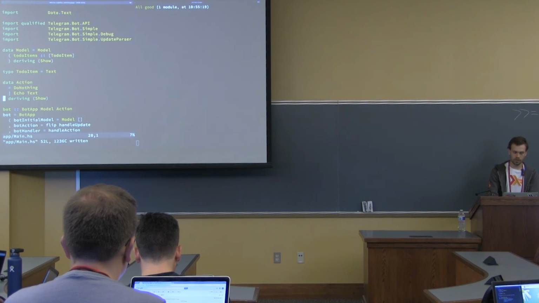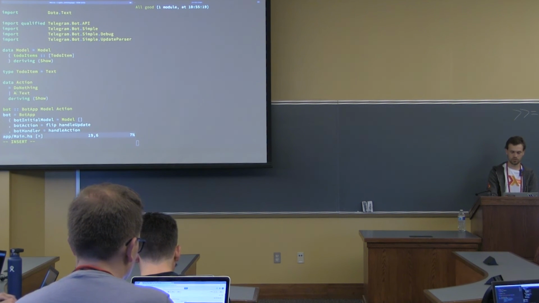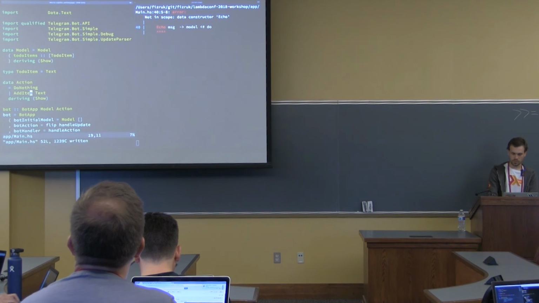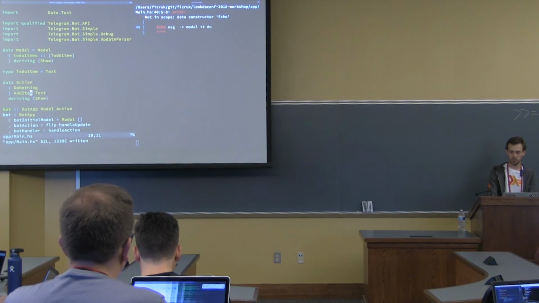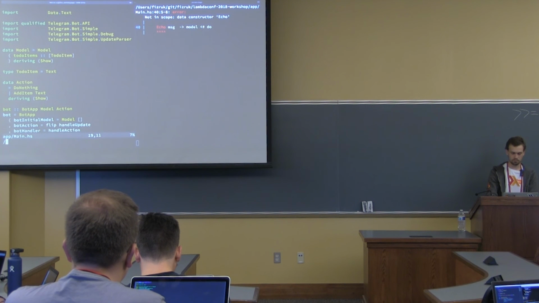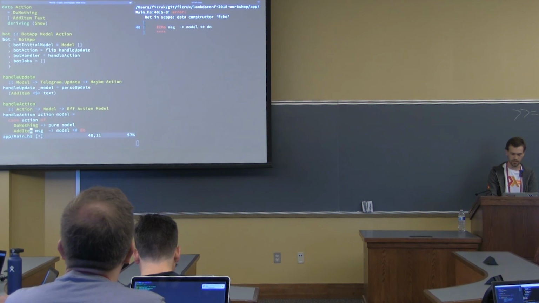So now, instead of echoing the text that is coming to the bot, we can actually transform it into add item. Okay? Instead of echoing it, we would like to save it into the model and to say something nice to the user that, yeah, I have got it, so you can use that later. Okay? So I just replace echo everywhere with add item.